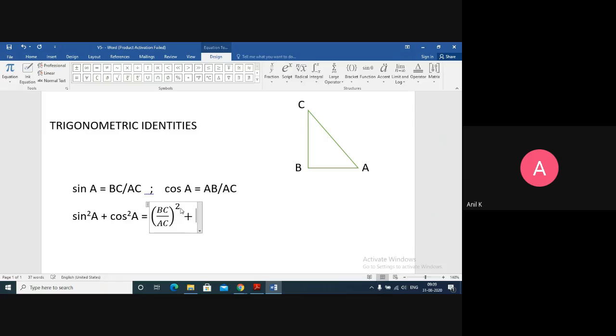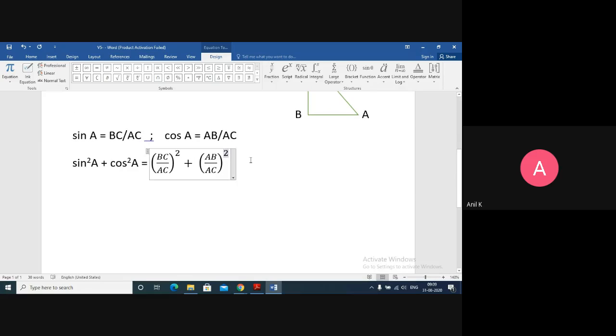I'm just substituting the sin A definition and cos A definition. Now here I'll get cos A is AB upon AC whole square.